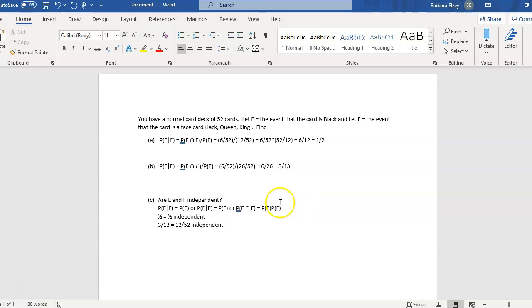Now, the last one, the probability of E intersect F. Well, we know the probability of E intersect F is 6 out of 52. And then the probability of E times the probability of F. Well, let's see, the probability of E when we got it up here was 26 out of 52, in parentheses, times the probability of F, which is 12 out of 52.